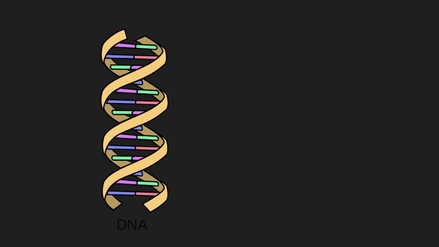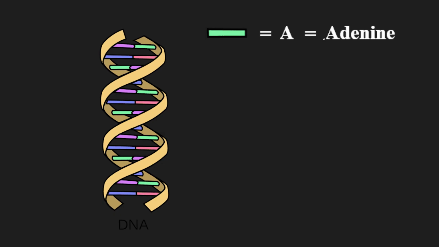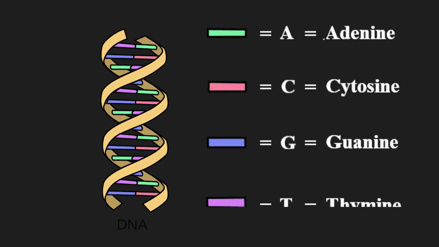If we want to store this image on DNA, we have to translate its binary code into DNA code. So, what's DNA code? A DNA sequence is composed of 4 letters: A for adenine, C for cytosine, G for guanine, and T for thymine.